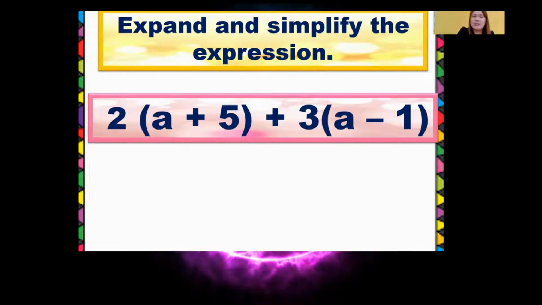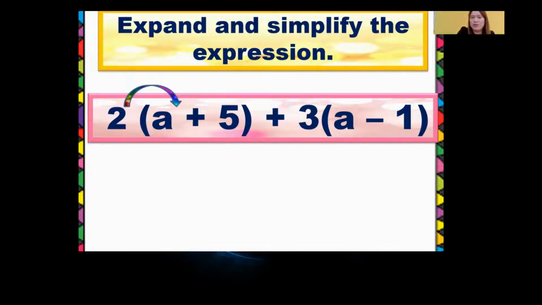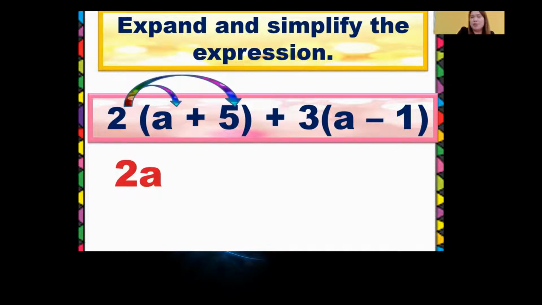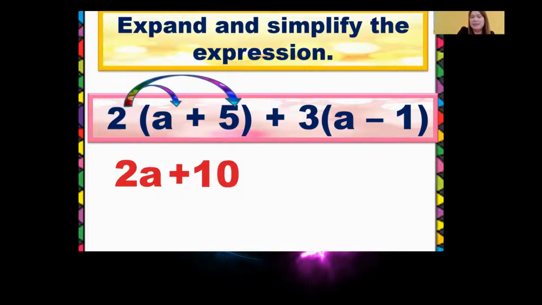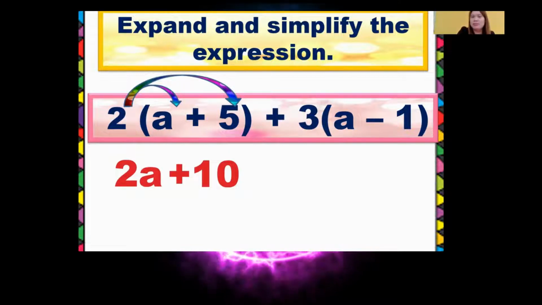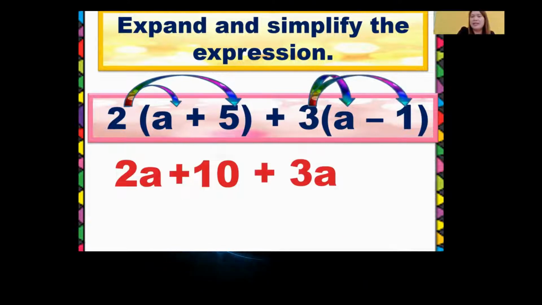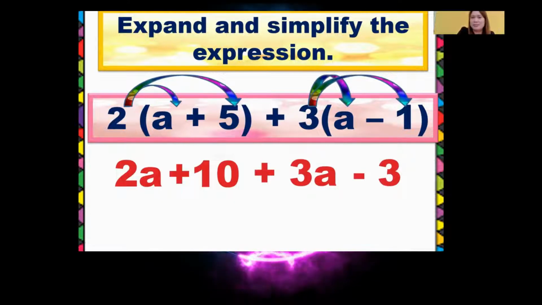So let's see, expand first by multiplying the term outside to each of the term inside. So 2 times a will give you 2a, 2 times 5 will give you 10. Then let's move on. 3 times a is 3a, and 3 times negative 1, that's minus 3.